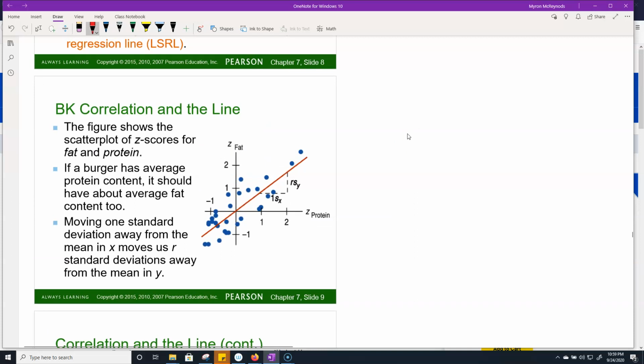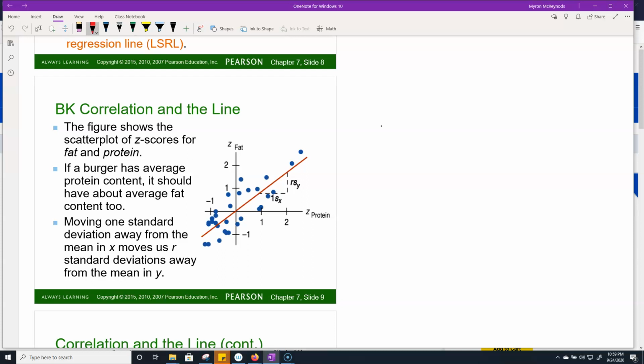So here's another example. The figure shows the scatter plot of z-scores for fat and protein. If the burger has an average protein content, it should have an average fat content too. So moving one standard deviation away from the mean in x moves us r standard deviations away from the mean in y. This ties into the correlation, the r value.